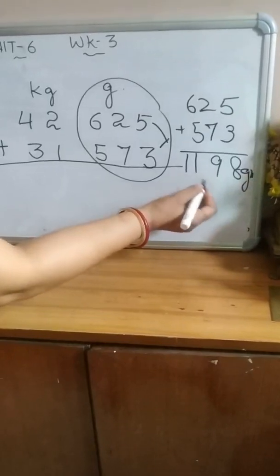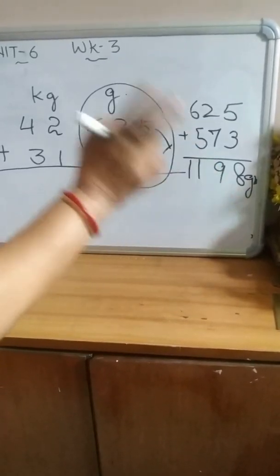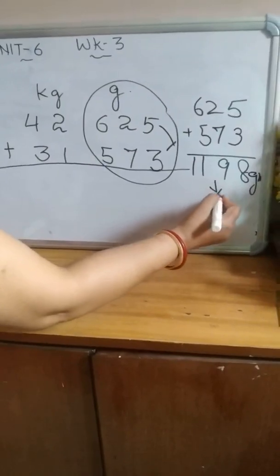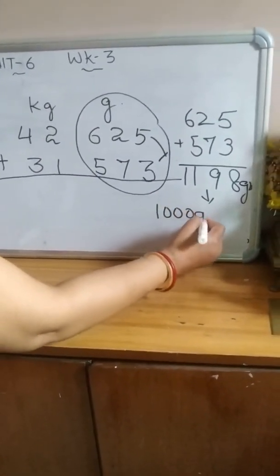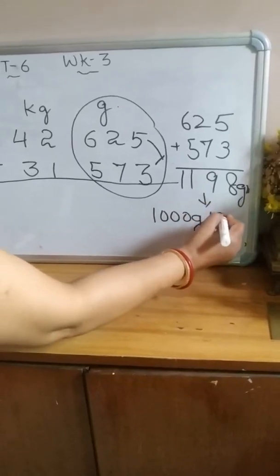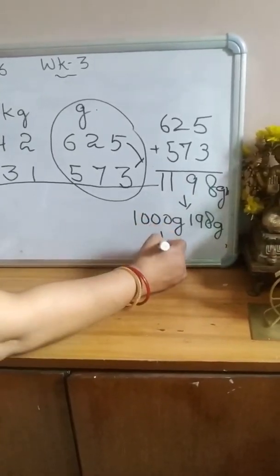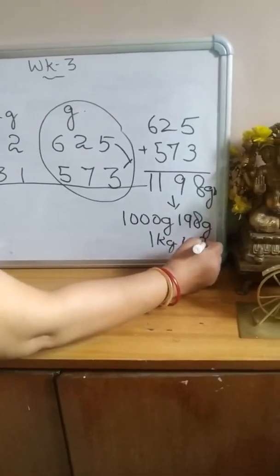So here I have taught you how to split this 1198. It can be broken down into two parts. It is having 1000 grams and 198 grams. Correct? This 1000 is 1 kilogram and 198 grams.